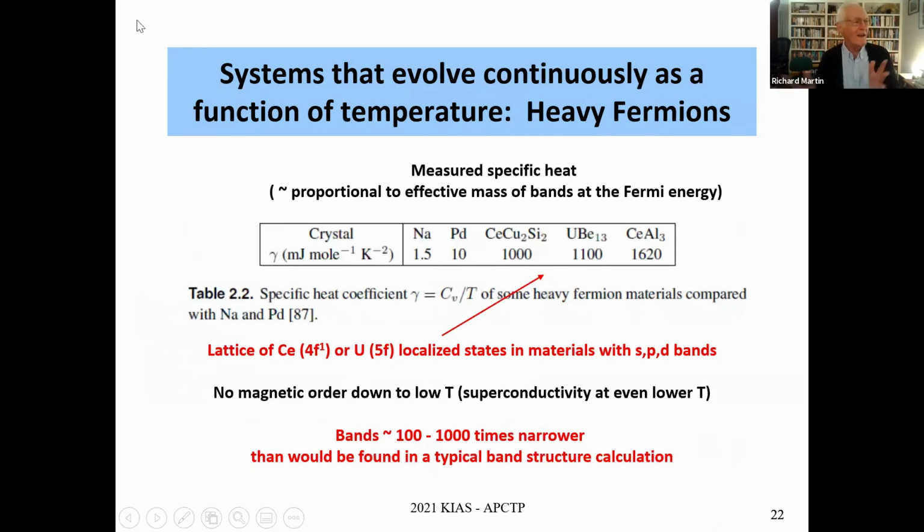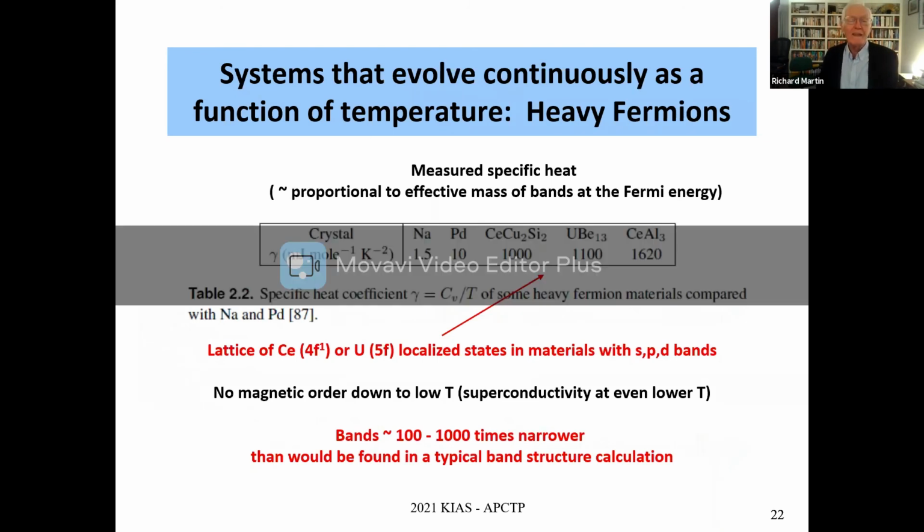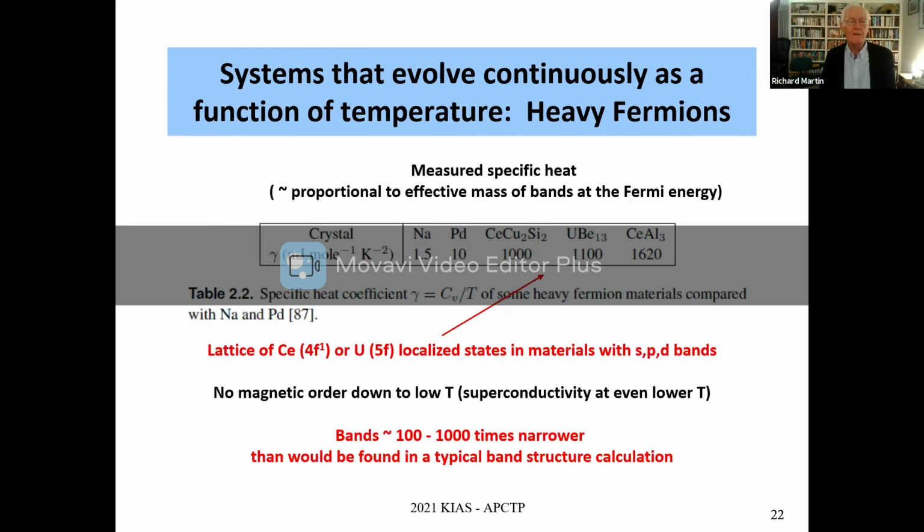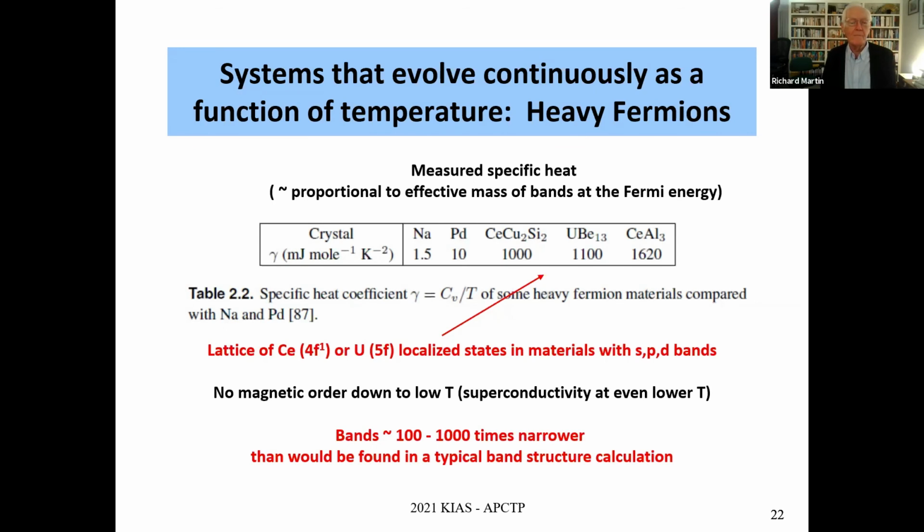Now I'd like, in the last item, to discuss something that happens in systems that don't have a phase transition. So suppose we have a system that we know is strongly correlated, and it doesn't order as you go down in temperature. What happens? Here are some examples that involve cerium and uranium that have these very localized f electrons. And we know that they don't have magnetic order or other order down to some low temperature.